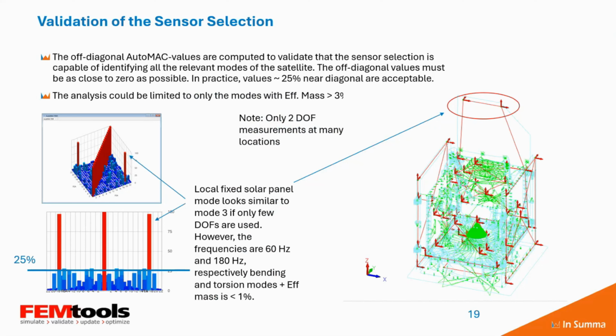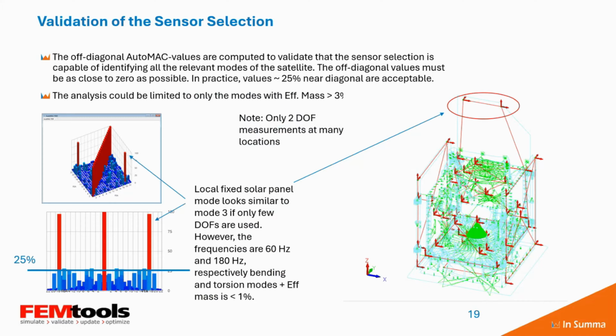And here we can identify that this is due to the test measuring sensors having insufficient degrees of freedom. If we have a look at the circled panel, this fixed panel here, we can see that we are missing measurements in the Z direction. And if you look on the right-hand side, we are missing degrees of freedom in the Y direction. So this is very important.